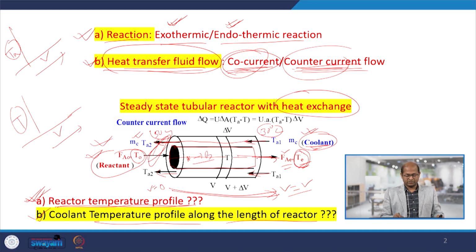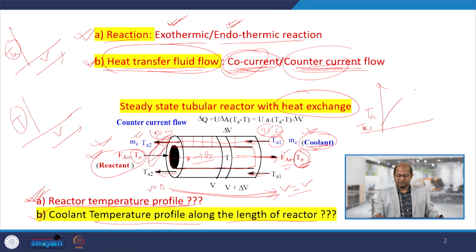Since the reaction is exothermic, heat would be supplied to the coolant. So the coolant temperature Ta also varies along the length, from Ta naught at the inlet. At individual points it may be 32, 35, 40, like that until it reaches 50.